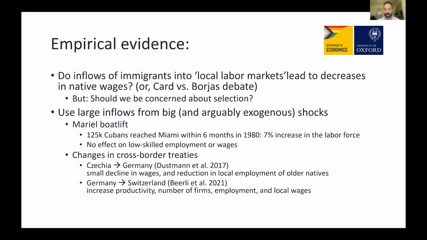Whereas in Switzerland, they find the opposite, that Germans moving into the Swiss labor market increase the local productivity of firms, increase the number of firms, increase local employment and local wages. The idea here is that there's an underlying skills shortage, and that immigration is allowing local firms to fill this shortage of skills, and therefore increase their productivity.